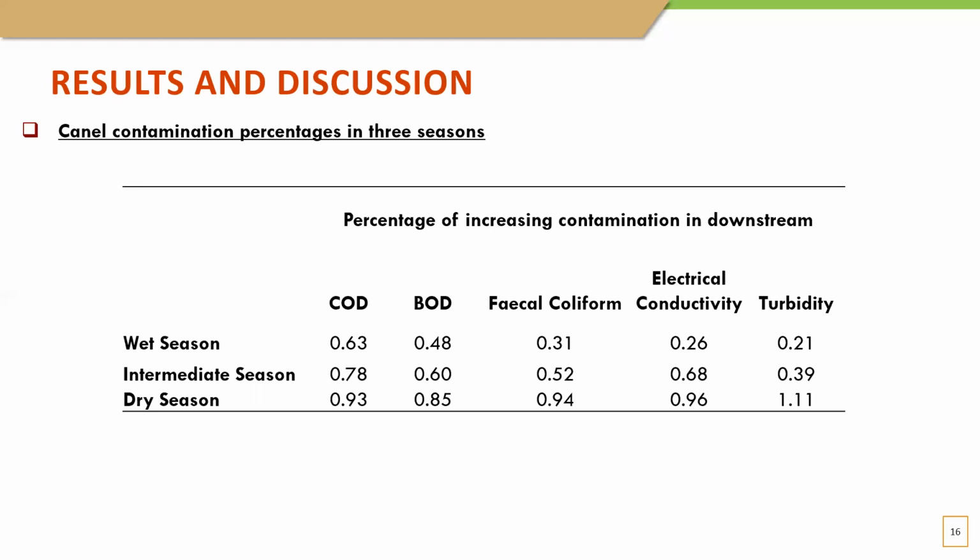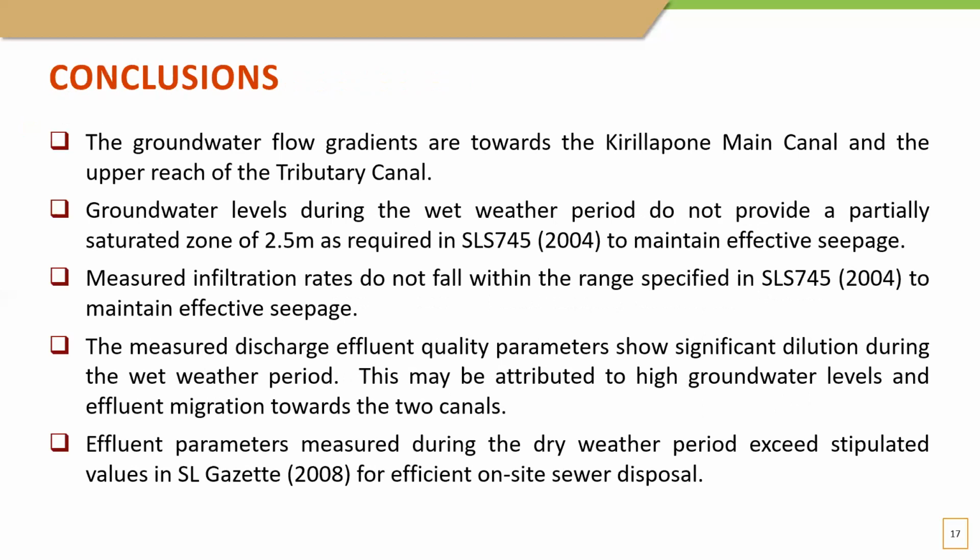In the wet season, we can see that downstream contamination is diluted. So we can say that in the dry season there is high contamination due to the groundwater table of the CRC area, unlike the wet season.